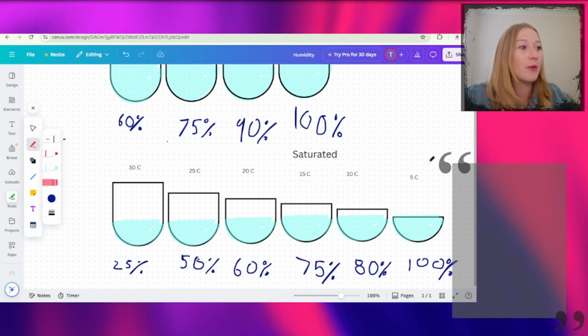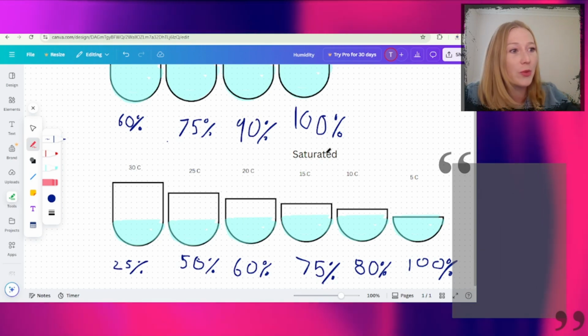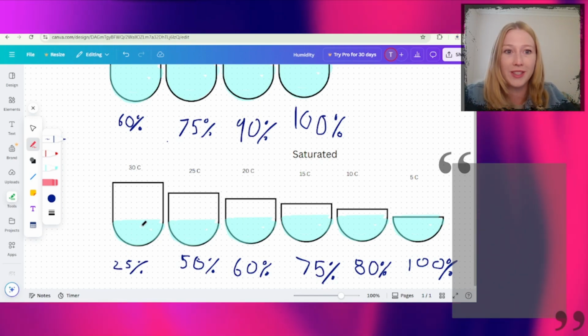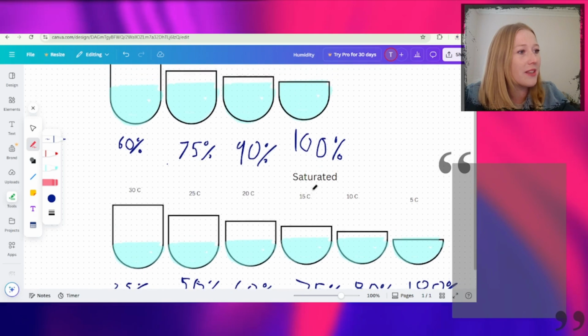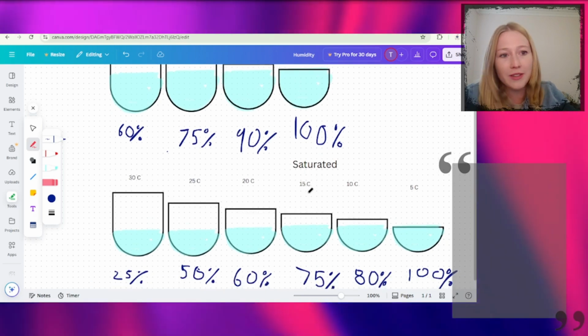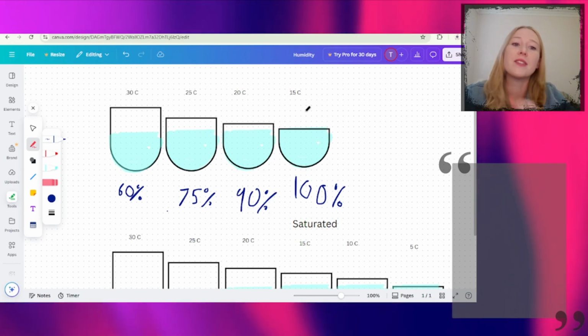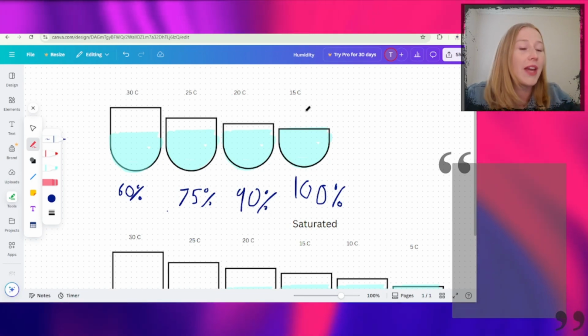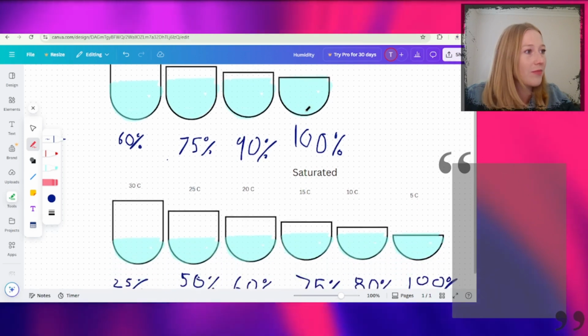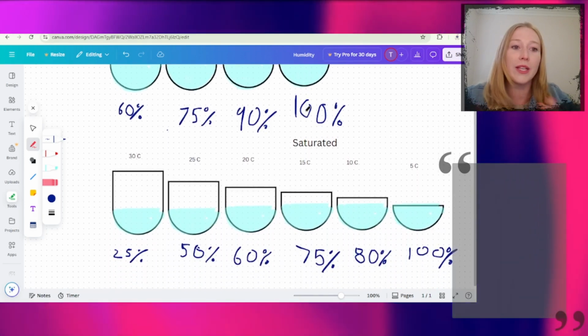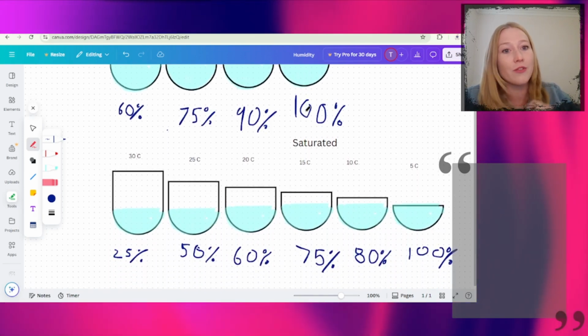So now we have our humidity for these different containers. So we have the percentage of how full it is. And you can see that even though that 15 degrees and that 15 degrees have the same size container, they have different humidities. So even though it's the same temperature, it's a different humidity.